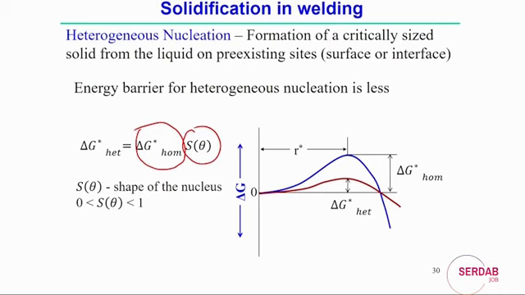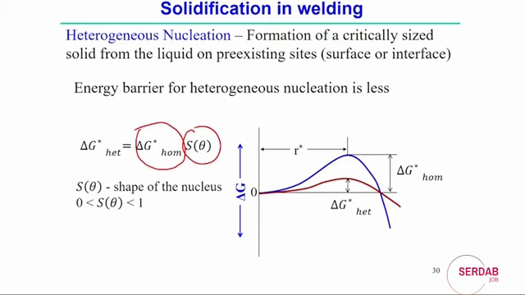That factor S intuitively depends on the size and shape of the nucleus, because when heterogeneous nucleation happens based on the nucleation theory, the surface tension between the interface or surface and the liquid metal can be different as compared to the surface tension of the solid metal when it exists within the liquid molten pool. That happens in the homogeneous nucleation process.